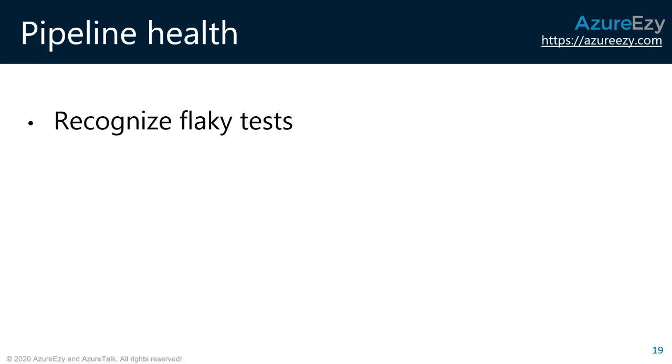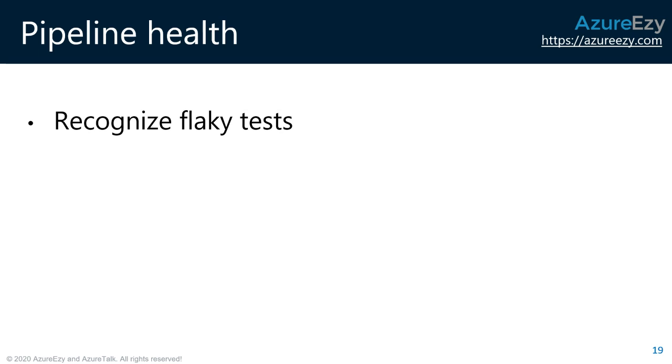So sometimes that API test will fail, and you will think that your builds are failing, and then all of a sudden if you run it again in the next 1 minute, the API is up and running in the background and your tests are passing. Those types of tests are called flaky tests, and you should recognize such flaky tests, which are impacting your pipeline health.